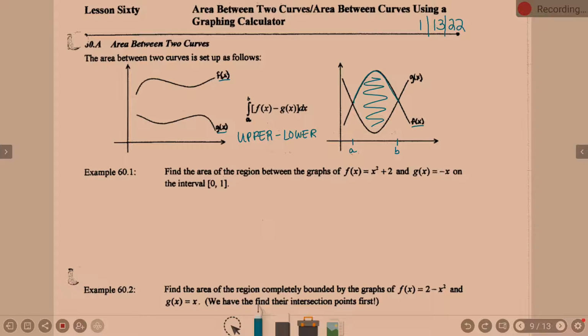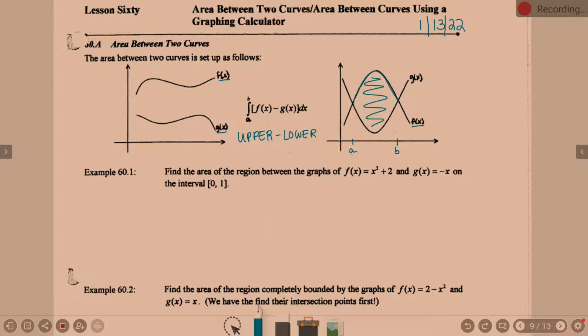Now, if my A and B intervals are different, we might have a different story going on. We'll kind of include that today, I feel like.